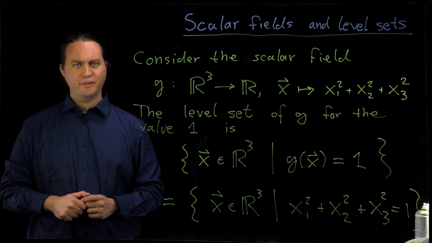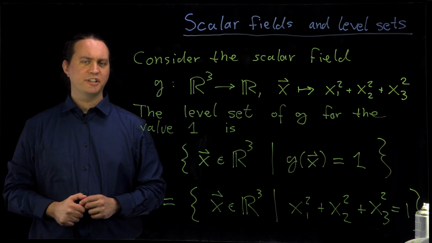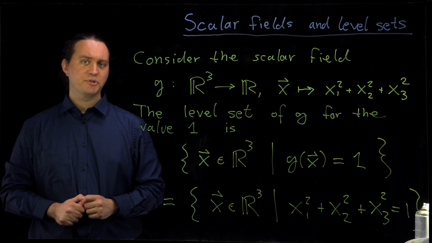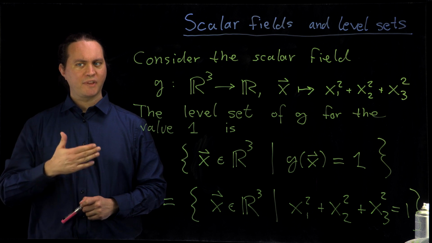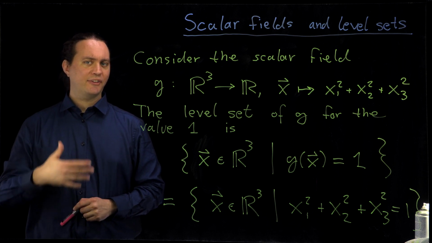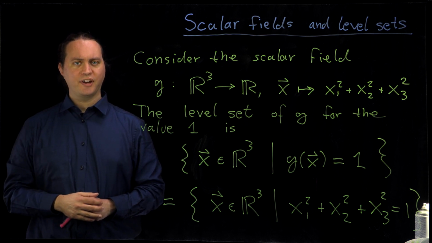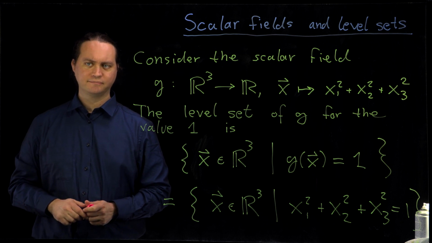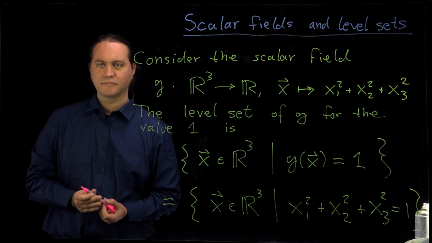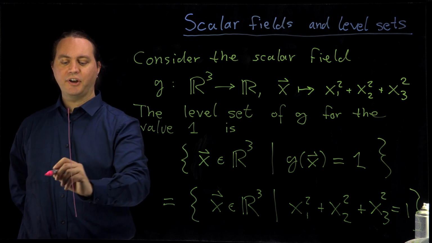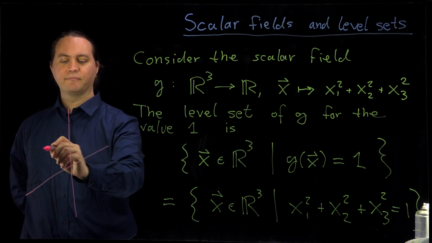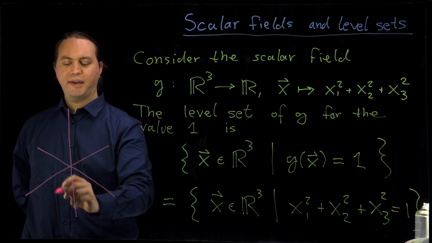That formula might ring a bell, because it actually describes a very familiar geometric object, something you've certainly seen before. If you take a look at this formula, you realize this describes the unit sphere in three-dimensional space. Let's try to visualize that. So we got our 3 coordinate axes in three-dimensional space.